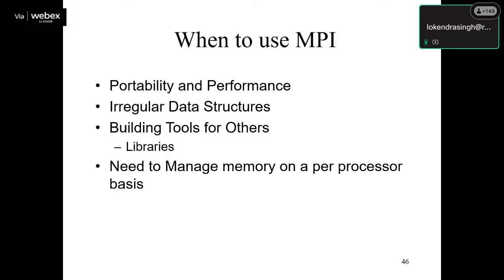If you write the command mpirun -np 4, it will print 4 messages: hello world from process 0, from process 1, from process 2, from process 3, like that. But the order is totally random. Hello world from node 2, then hello world from node 0, like that. It is totally independent, depending on your machines.